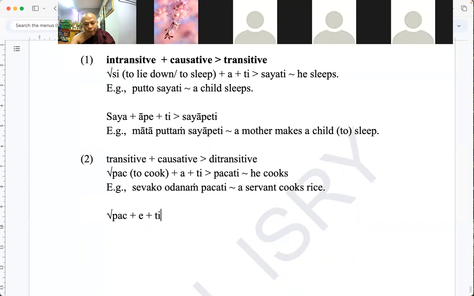And then D. So we have Bajidi. Okay, Bajidi. But Bajidi means he causes somebody to cook, the meaning.